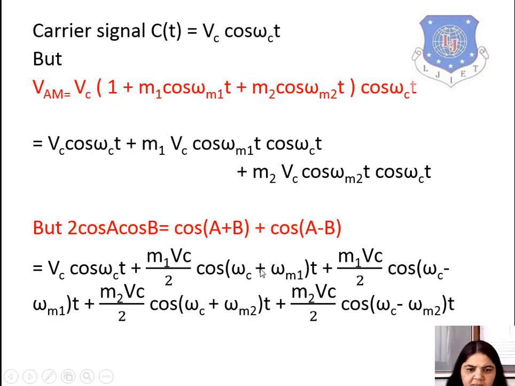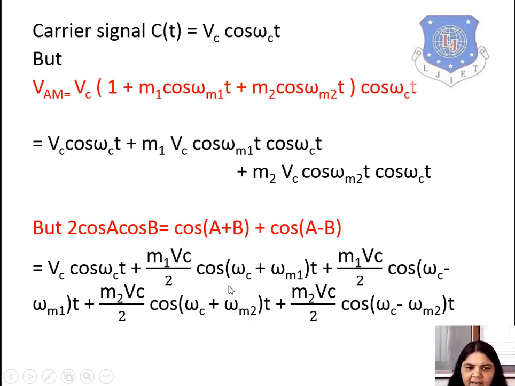In the addition there is no problem, but while we write the subtraction, only the lower can be subtracted from the higher. So it is cos omega c minus omega m1 t, plus m2 Vc divided by 2 cos omega c plus omega m2 t, plus m2 Vc by 2 cos omega c minus omega m2 t.